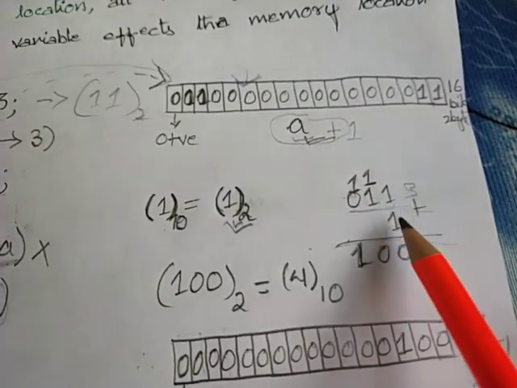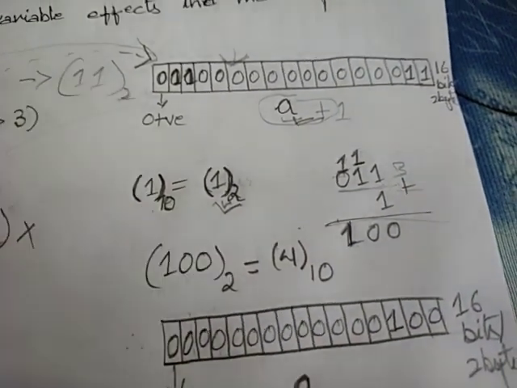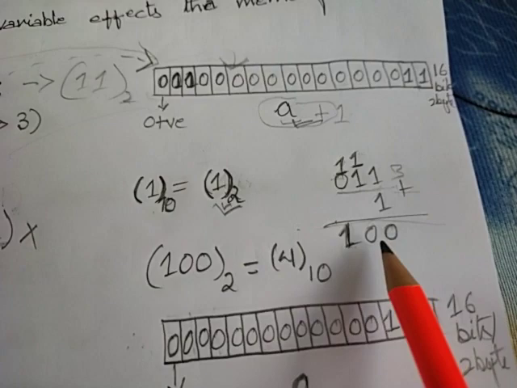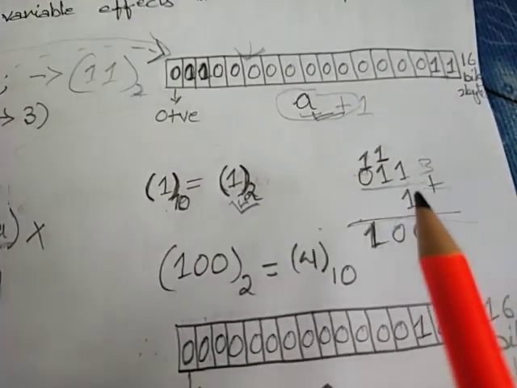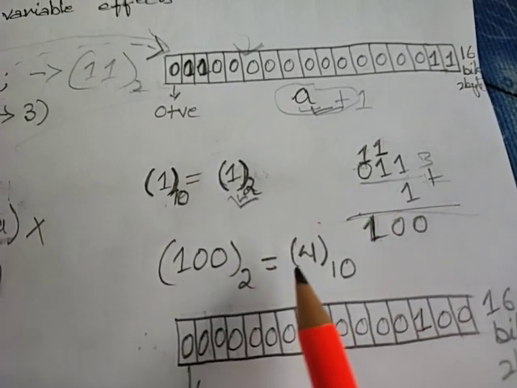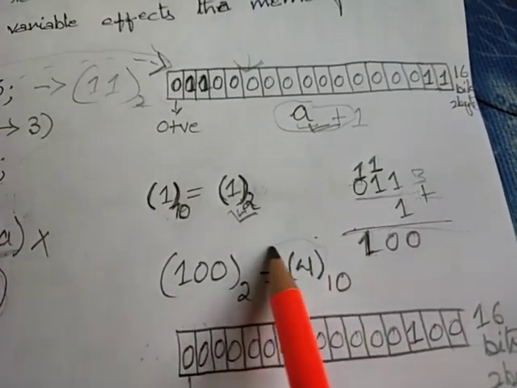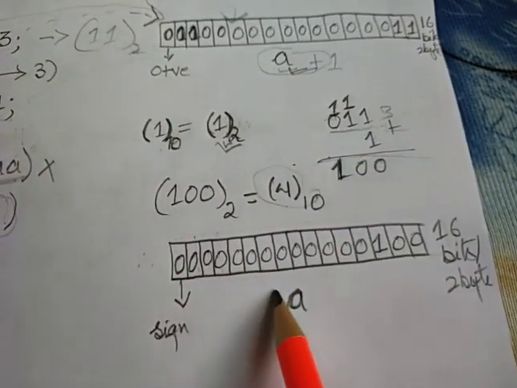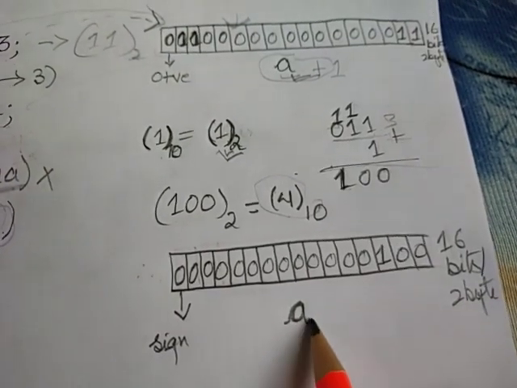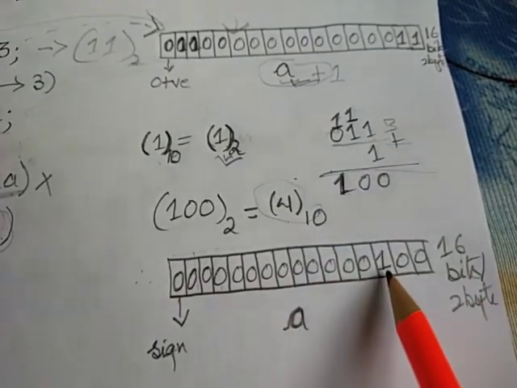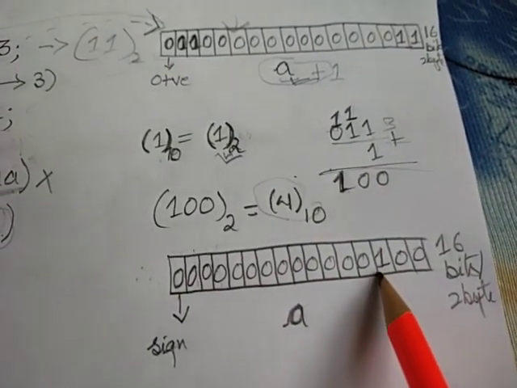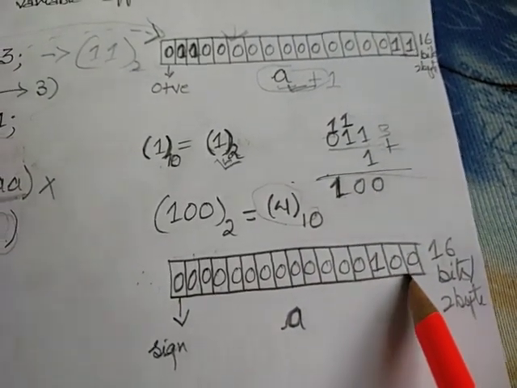So the output we are getting is 1 0 0, and this binary value 1 0 0, when you convert it to decimal, will be 4. So this value 4 will now get stored in the location A. Instead of 1 1, the value in this location has changed to 1 0 0.